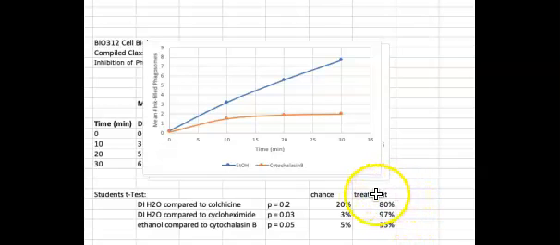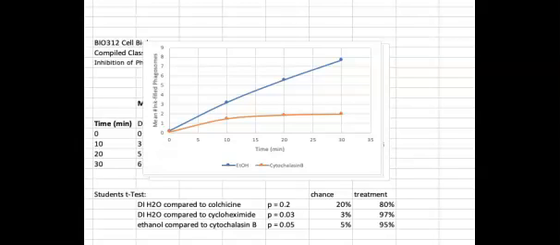I have 1 result that tells me there is no difference. There is no statistically significant difference between the control group and the colchicine group. So the colchicine did not inhibit phagocytosis in my Tetrahymena cells.